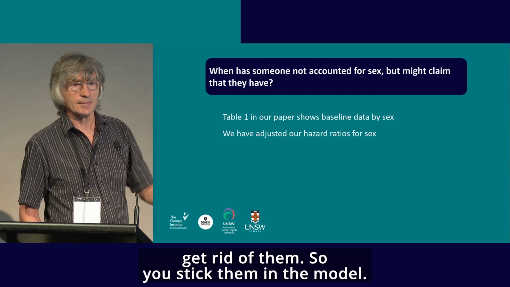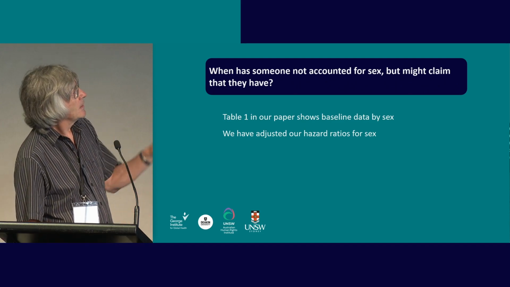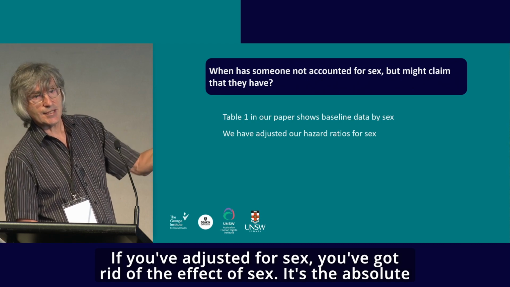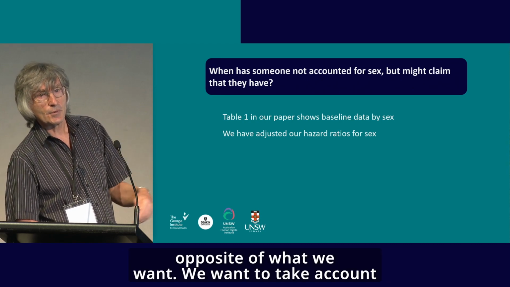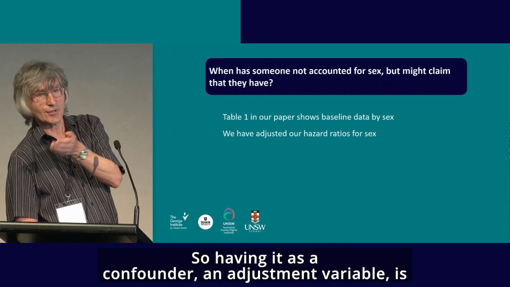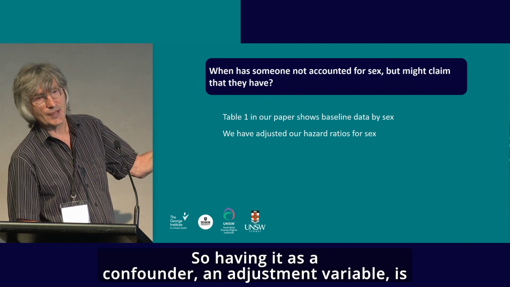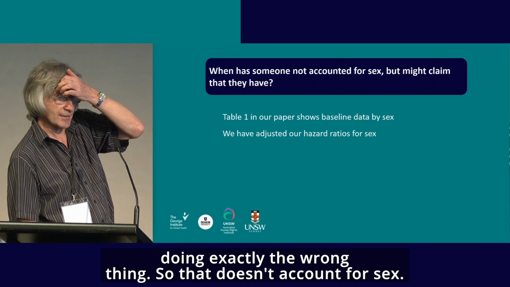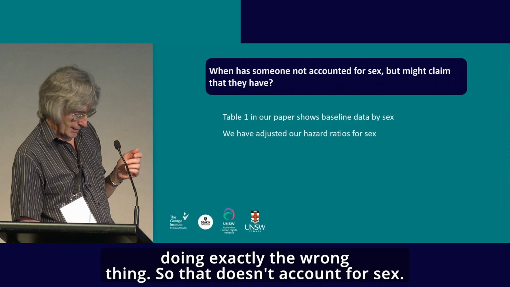You just want to get rid of them, so you stick them in the model. If you've adjusted for sex, you've got rid of the effect of sex. It's the absolute opposite of what we want. We want to take account of sex, at least I do anyway, I think you all do. So having it as a confounder, an adjustment variable, is doing exactly the wrong thing. So that doesn't account for sex.